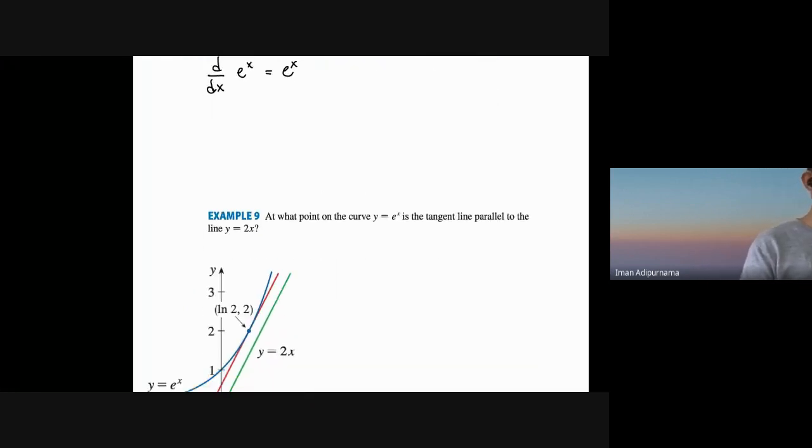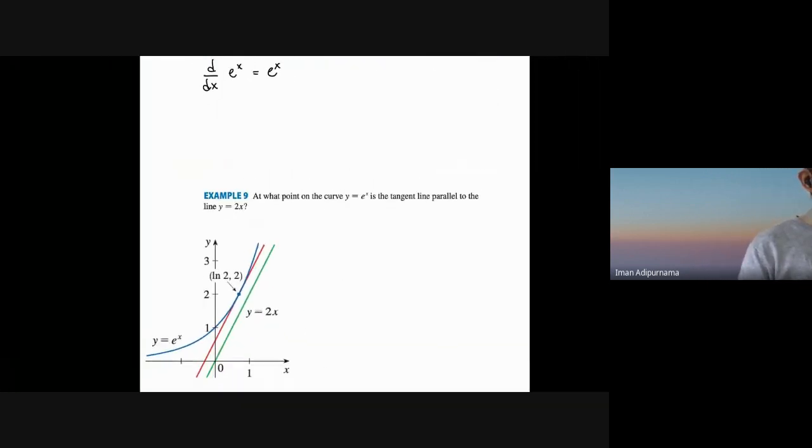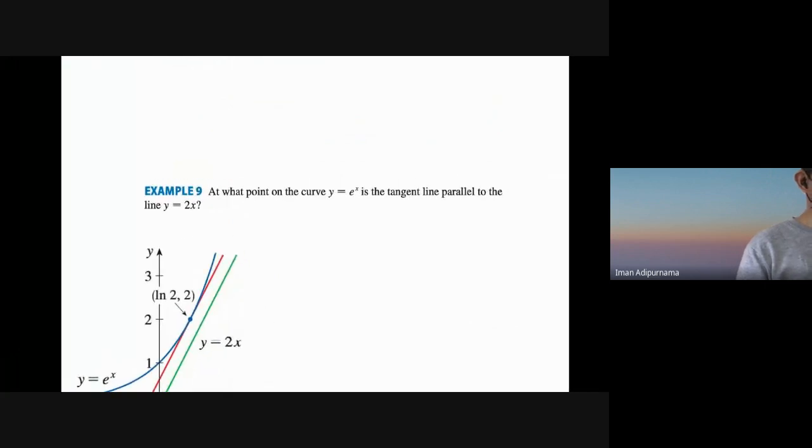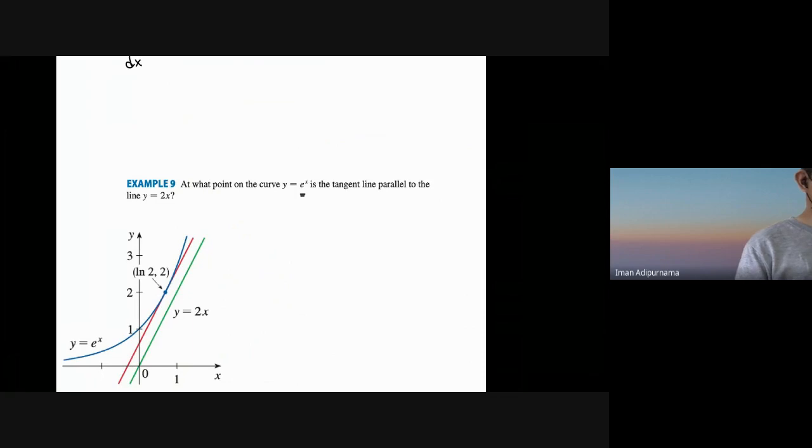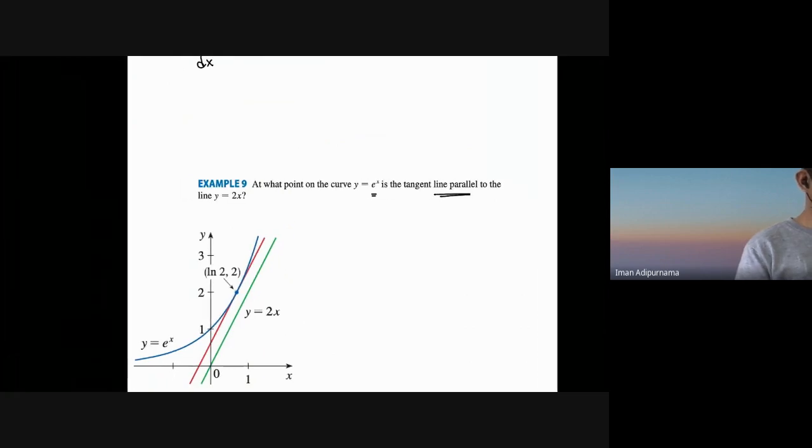Now, if you look at this example here, at what point on the curve y equals e to the x is the tangent line parallel to y equal to x? So in calculus one, especially this chapter 3, there will be a lot of questions asking about the tangent line, finding the equation, maybe finding the point of the tangent line.